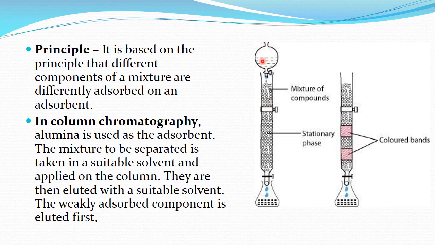When the eluent moves down, the least adsorbed component will come first, then the most adsorbed component. Like that you can separate the components of the mixture separately. Okay, and one more chemical substance we have to use in the beginning for mixing the components of the mixture. For example, if two components are there, to mix them we need a solvent, so there also you need a suitable solvent.